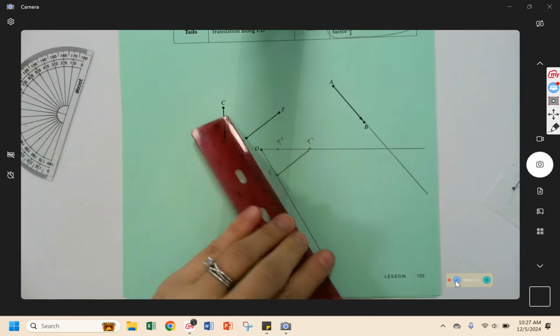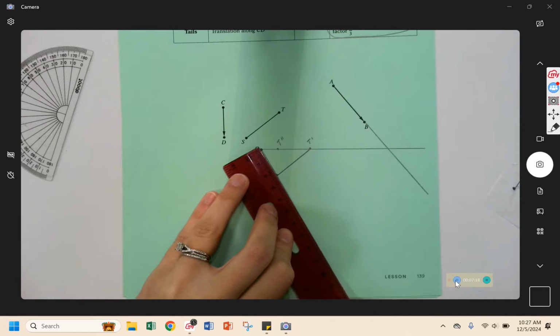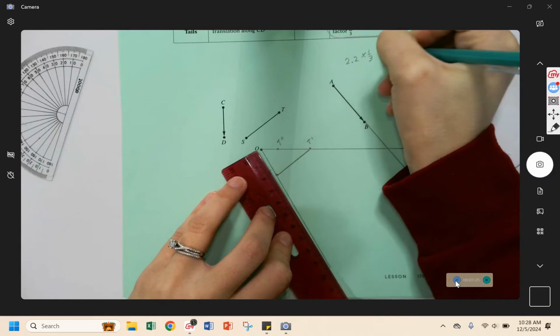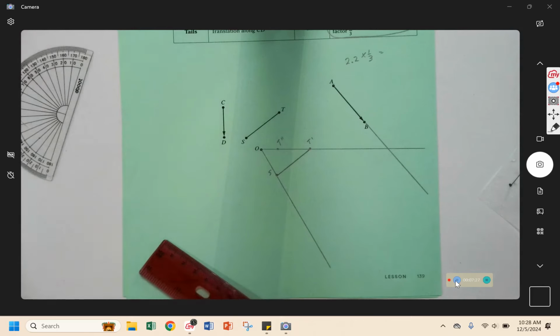Then for O to S prime, that appears to be about 2.2. And if we do a third of 2.2, that is approximately 0.73 repeating.